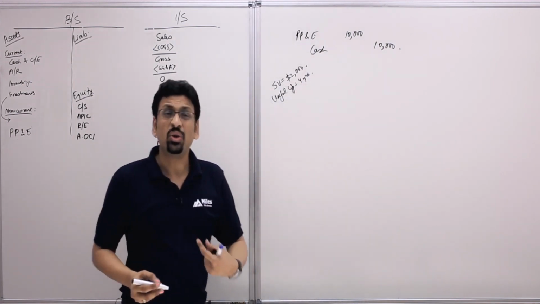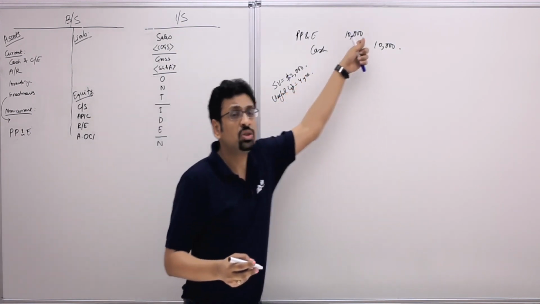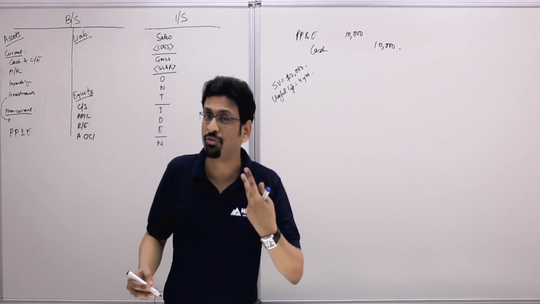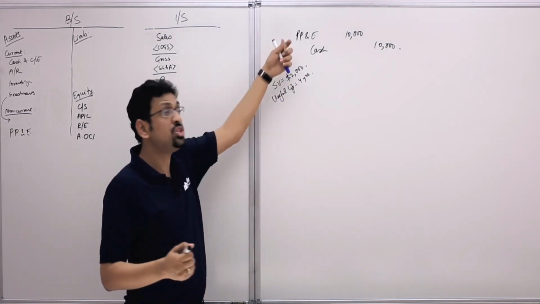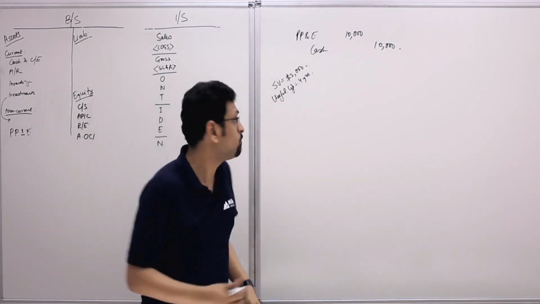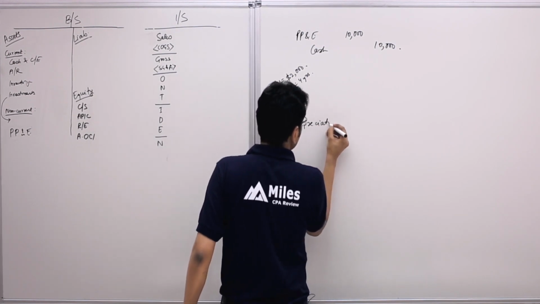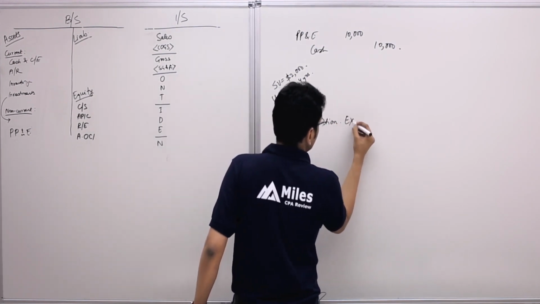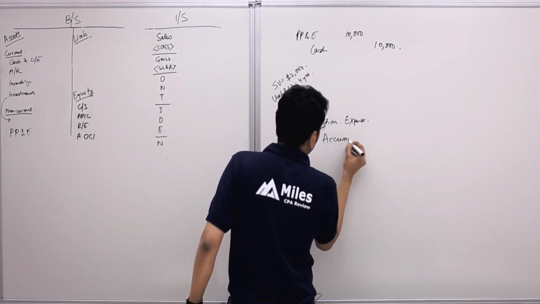Now, let's try to depreciate it straight line over the useful life. So $10,000 is going to be worth $2,000 after 4 years. So for the next 4 years, we want to depreciate this PP&E using straight line at $2,000 per year. So we want to have depreciation expense and accumulated depreciation.